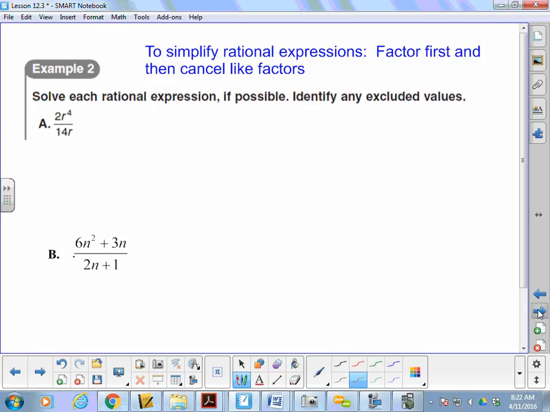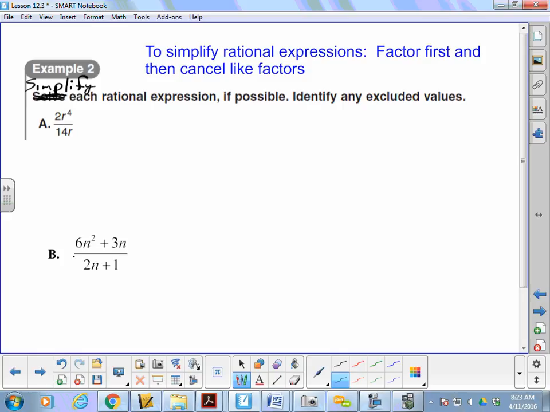So with simplifying, we're going to factor first and then cancel like factors, if there are any that we can cancel. So here it says solve, and it should say simplify. Simplify each rational expression, if possible, and then identify excluded values.